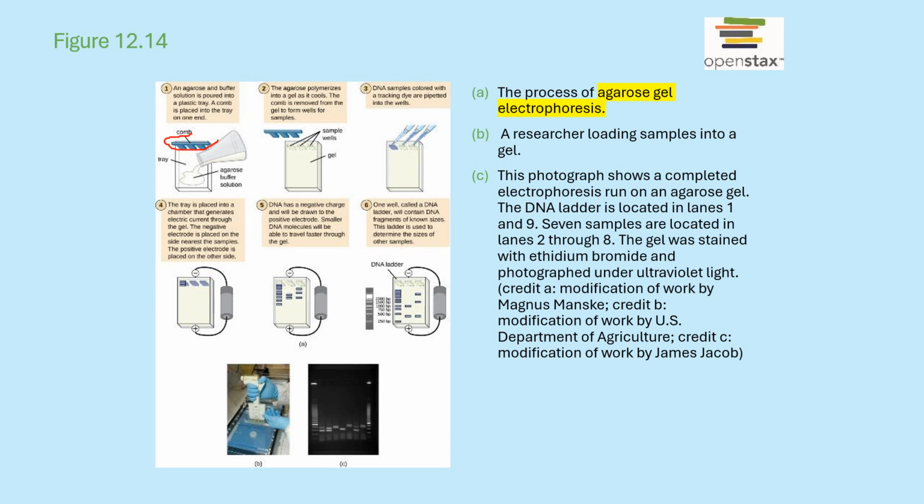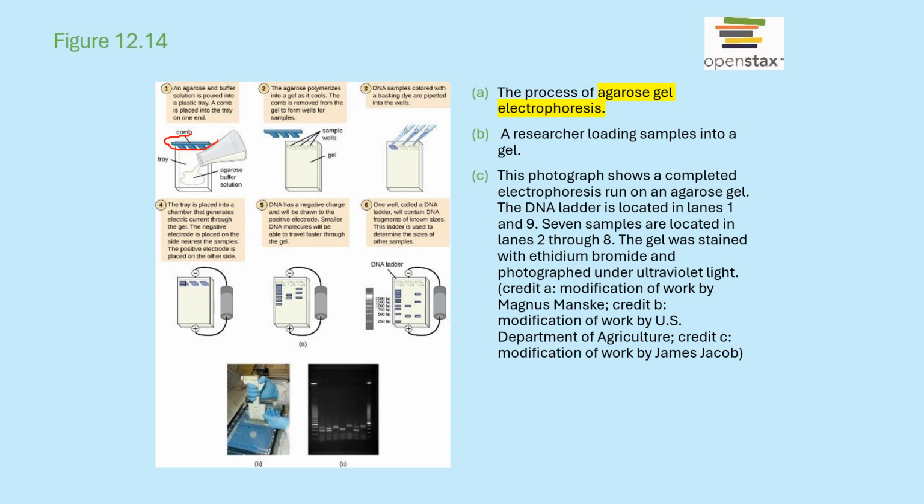And so with each of the samples, you also add a dye. It's a very low molecular weight dye, a very small fragment, so that's going to come down first. That's when you know when to turn the power off.